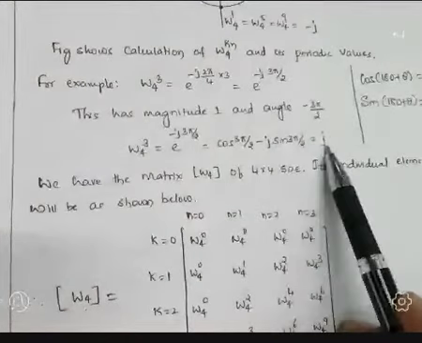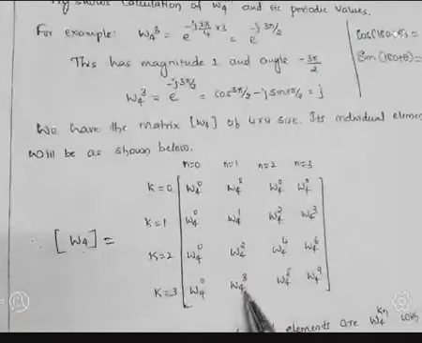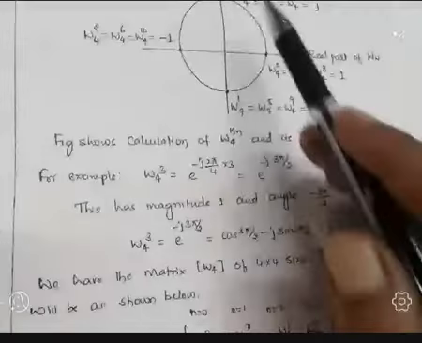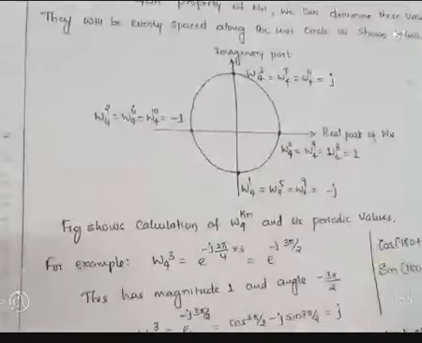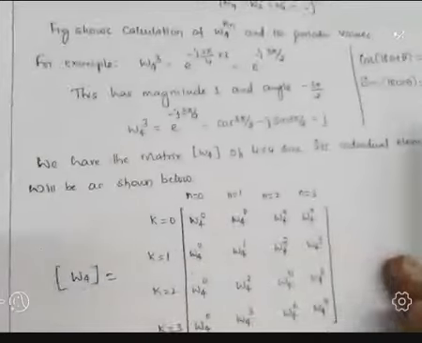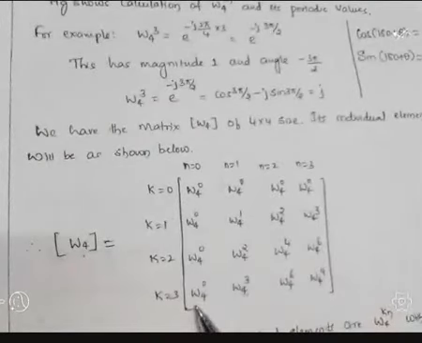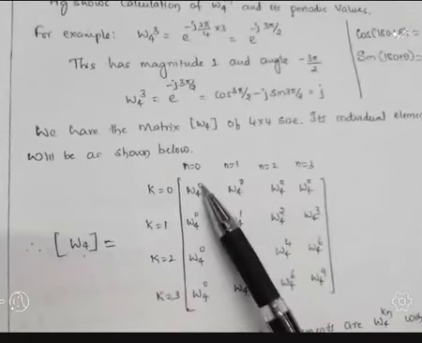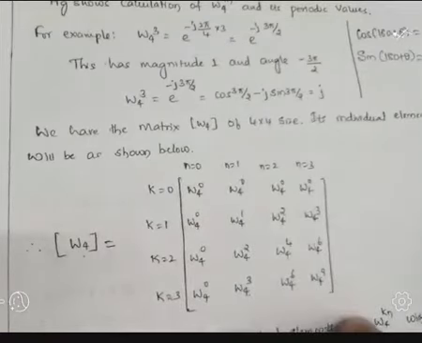As per the property of periodicity, W of 4 to the power 3 is equal to that of 7 and 11. Likewise, we have to calculate all the entries except the first row and first column, because those entries are 1 as the power term is 0. The remaining entries we calculate in radian mode and write the twiddle factor matrix.